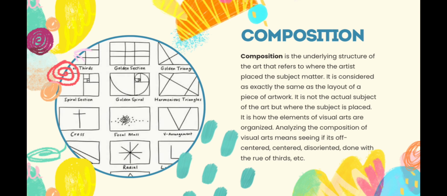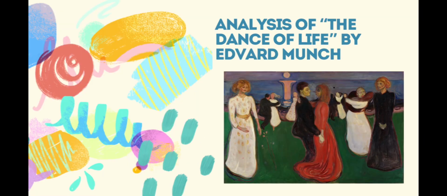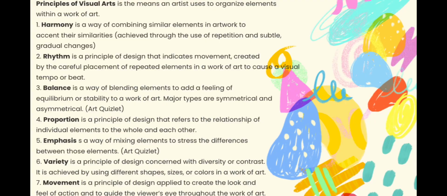Analyzing the composition of visual arts means seeing if it's off-centered, centered, disoriented, done with the rule of thirds, etc. One of the examples is the analysis of the Dance of Life by Edvard Munch. Let's proceed to the principles of visual arts.